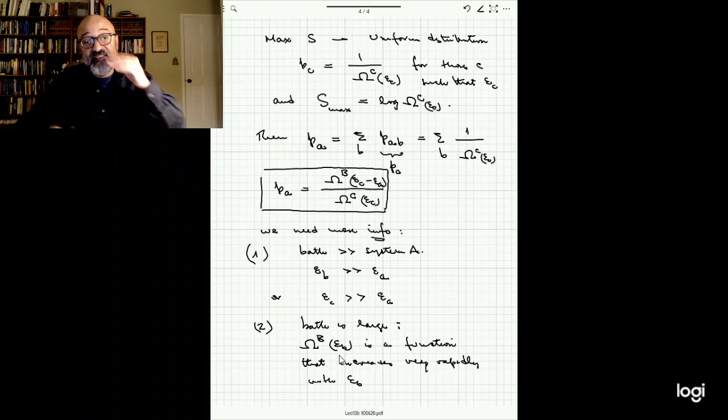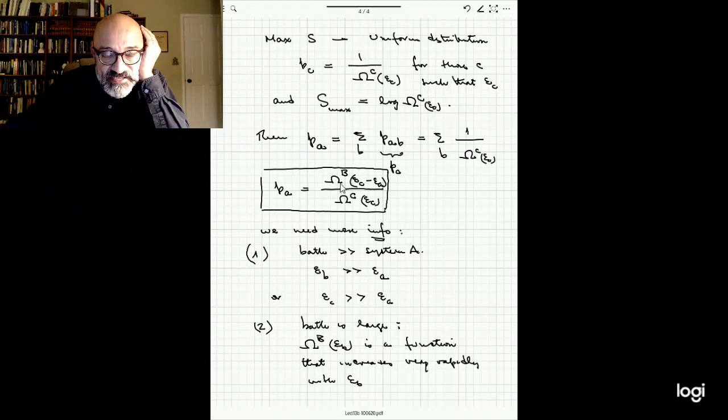In fact, typically the number of states grows with an exponent of EB that's very large, combinatorially large, like a factorial or something like that. So the bath is large, much larger than A.